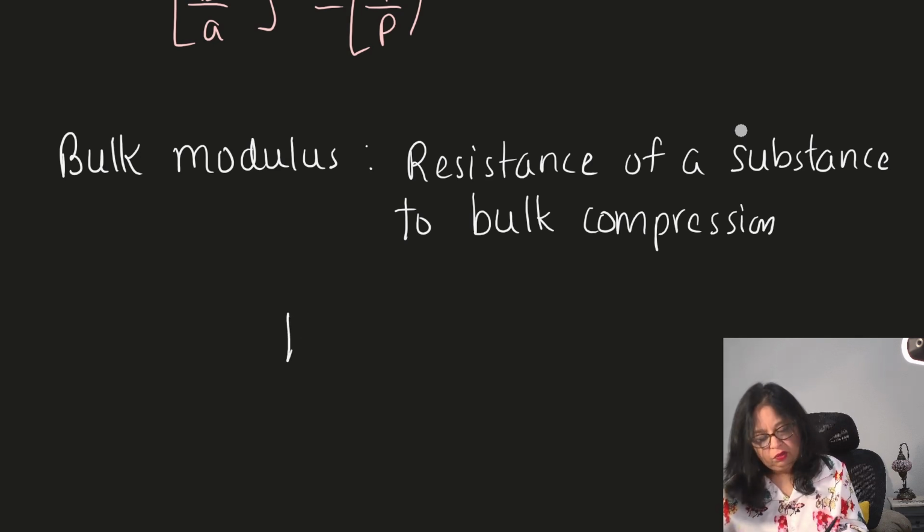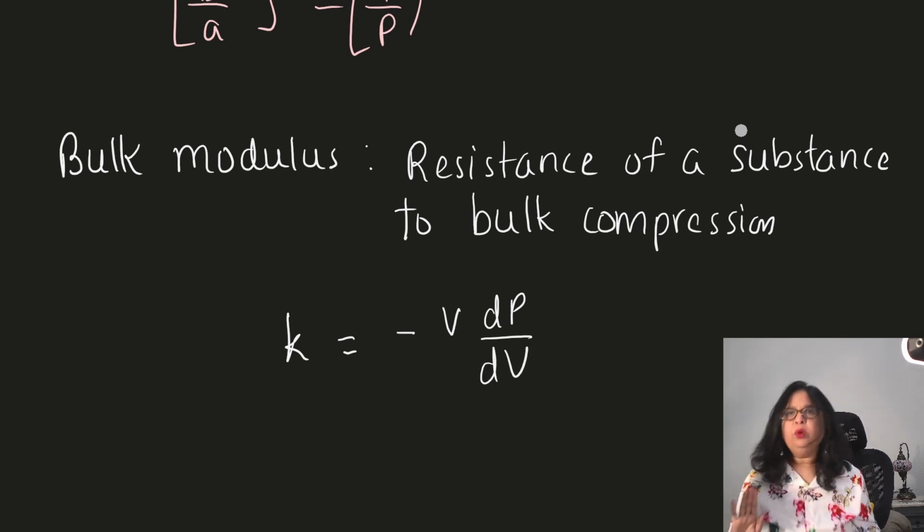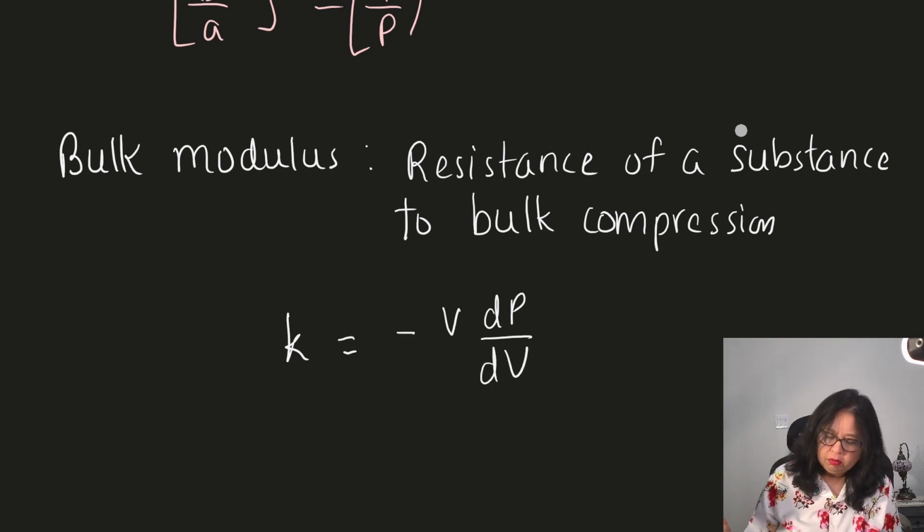And let's use letter K to represent bulk modulus. It's defined as negative V dP over dV. Don't ask me where it comes from. I'll go over this when we get to the chapter on properties of matter. Now is not the time to do that. Now is the time just to see how to solve these problems given the formula.